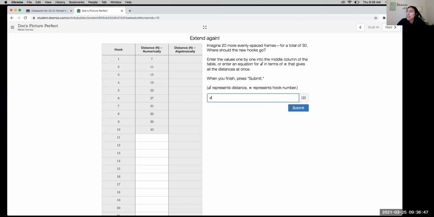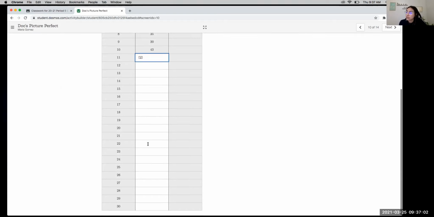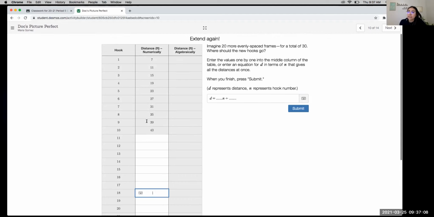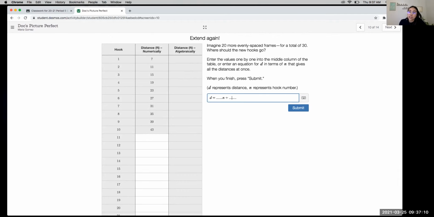So the distance here is equal to something of whatever's going on with our hooks. So N is our hooks, plus some blank here. So this is kind of what your equation should look like. If you want to be brave and save yourself some time, if you don't want to have to keep filling in this table, you can give the equation a try.